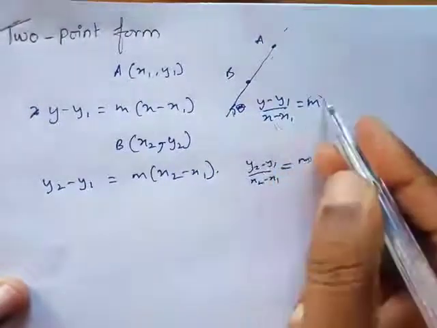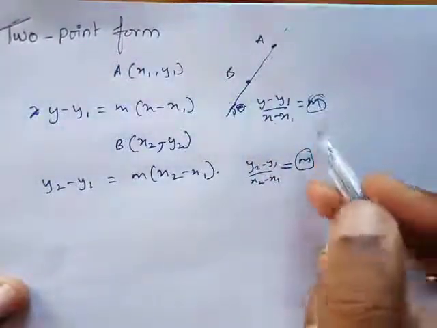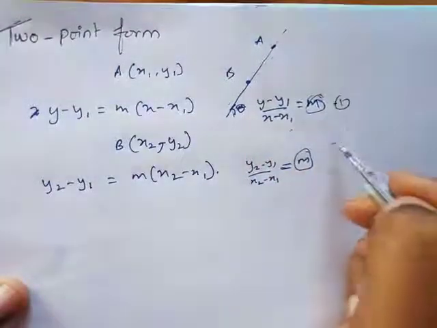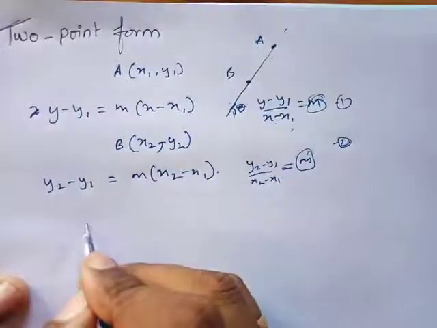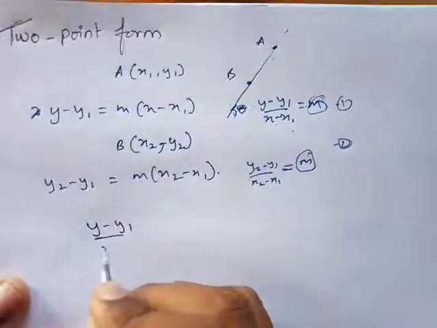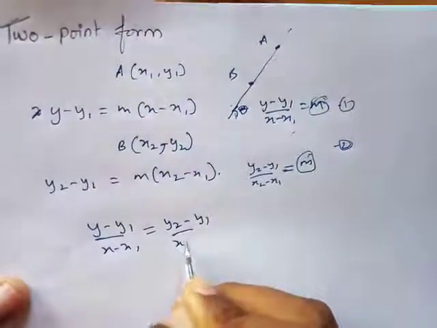This side is different, but for m and m we are talking about the same line. So if both are the same, I can put them equal. That is y minus y1 upon x minus x1 equals y2 minus y1 upon x2 minus x1.